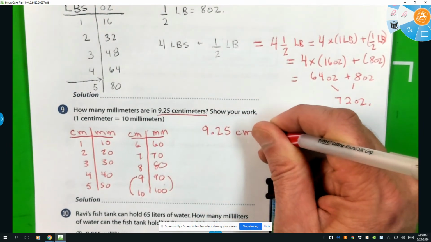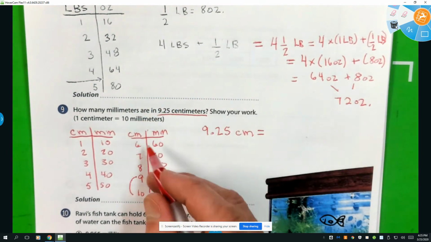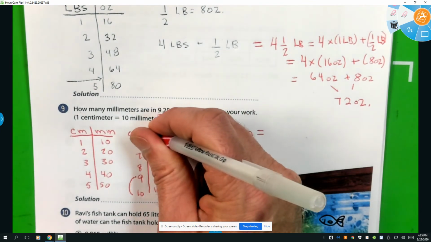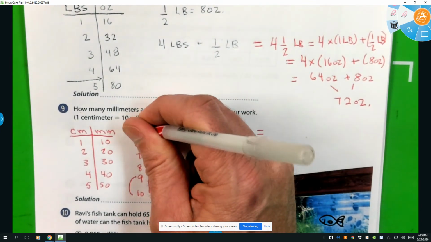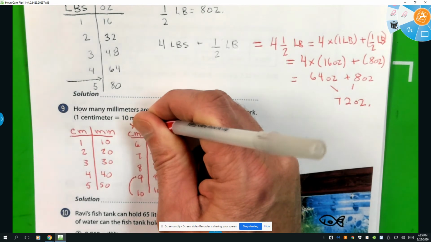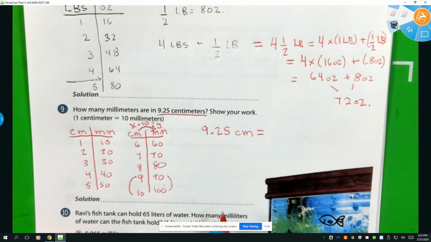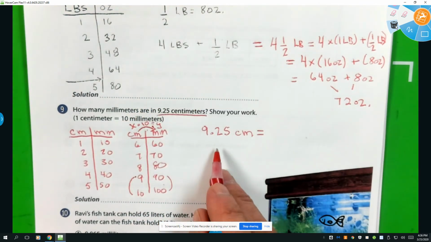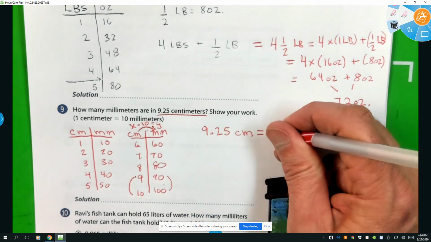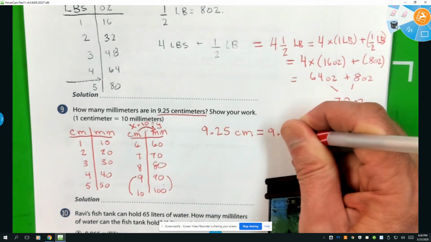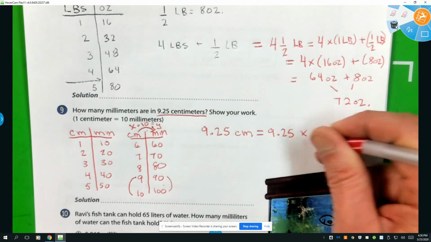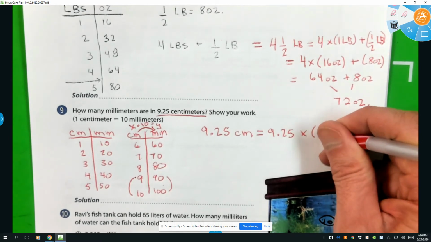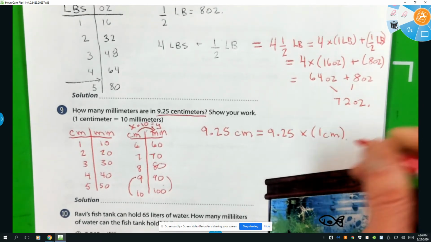centimeters equals, and I'm hoping you guys saw this relationship here. X times 10 will equal Y. So that's going to be the same thing. 9.25 centimeters equals 9.25 times 1 centimeter.